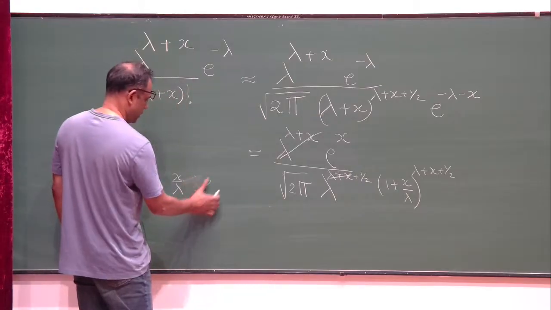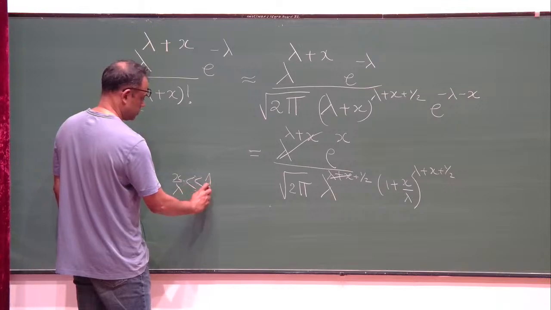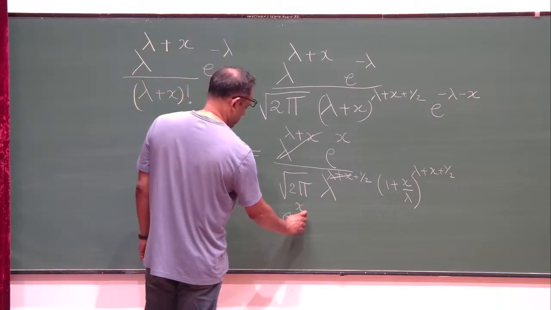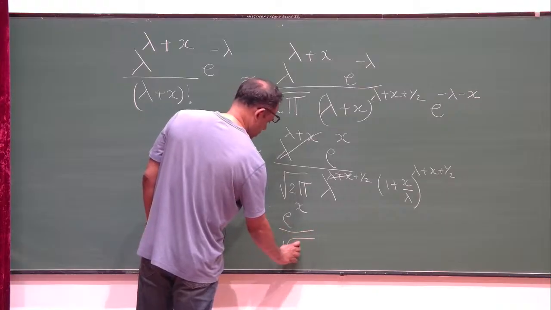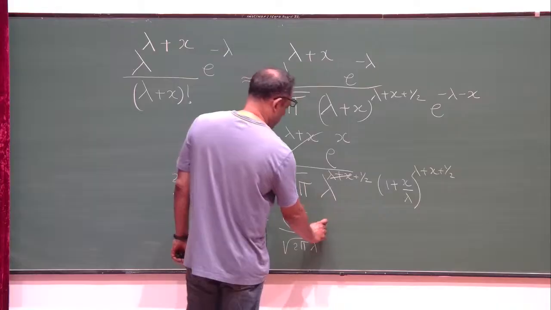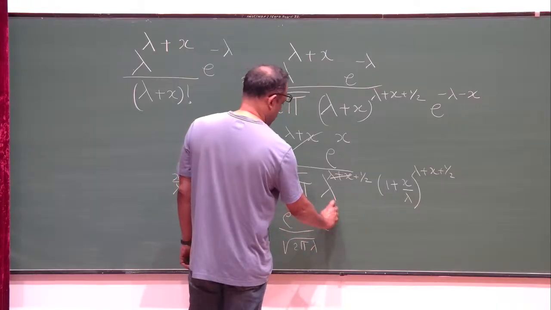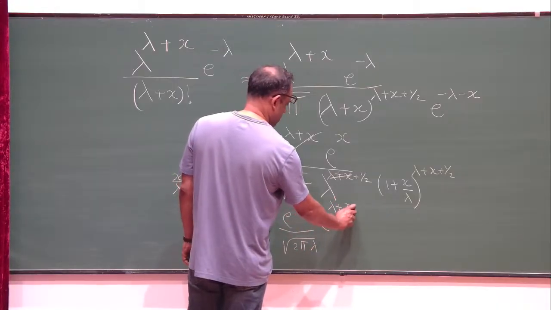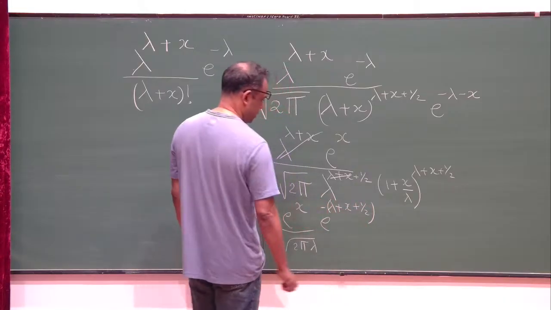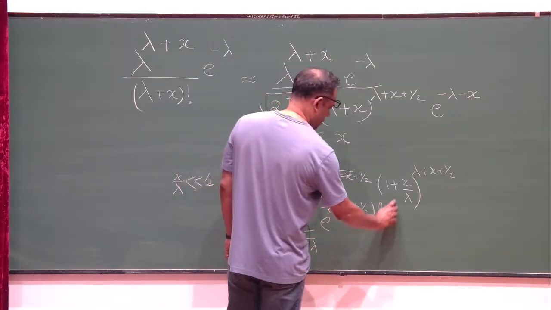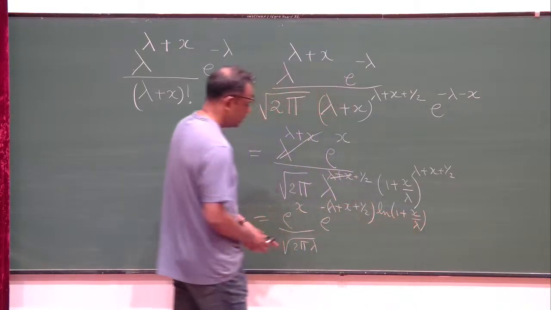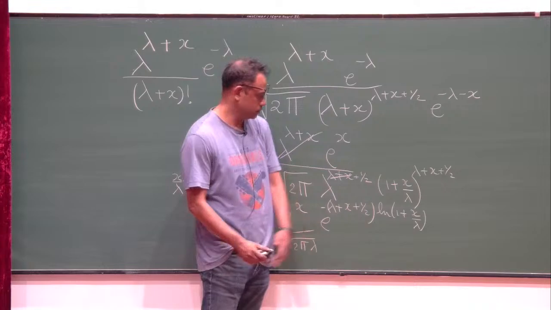So this becomes e to the power x and e to the power minus lambda plus x plus half times log of 1 plus x by lambda. I have just exponentiated this one.